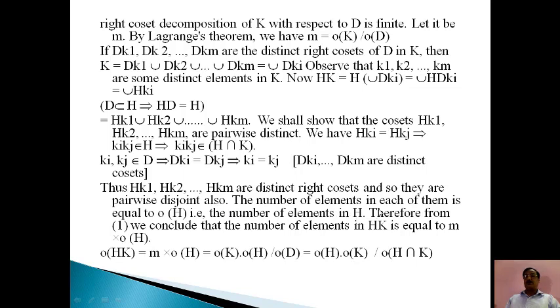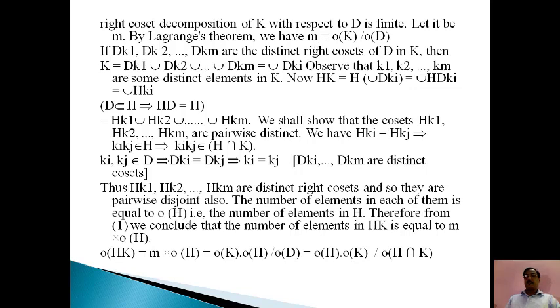The number of elements in each of them is equal to the order of subgroup H, the number of elements in H. Therefore, from equation 1 we conclude that the number of elements in HK is equal to m times the order of H. Order of HK equals m times the order of H, equals the order of K times the order of H divided by the order of D, since the order of K divided by the order of D is given by m.